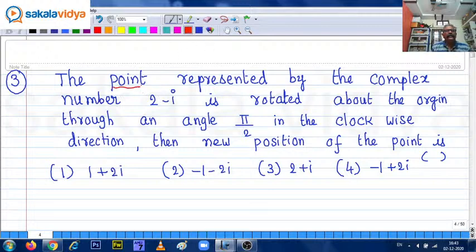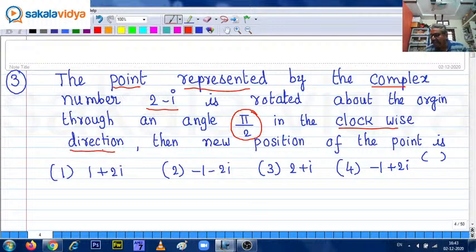The point in a complex plane or Argand plane represented by the complex number 2 minus i, that means (2, minus 1), is rotated about the origin through angle pi by 2 in clockwise direction. Clockwise direction means, by sign convention, you need to take the negative angle minus pi by 2.